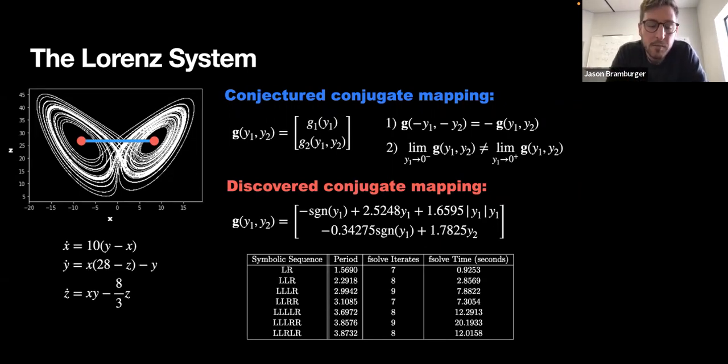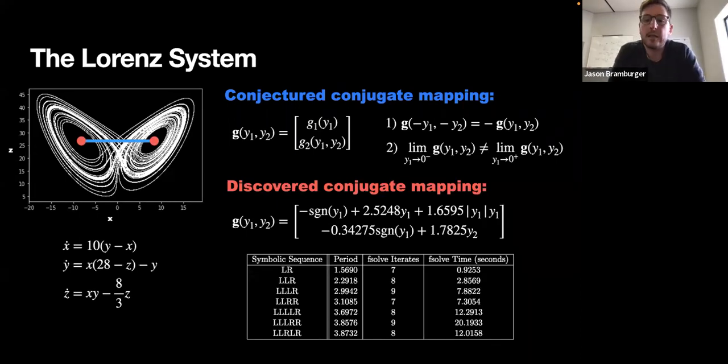So that gives you a symbolic way of describing everything in terms of L's and R's. And what I was able to do was mine out the periodic points from that conjugate mapping, lift them back to the original Poincaré section, and use a nice little shooting method to initiate a root finding program in order to find these unstable periodic orbits.